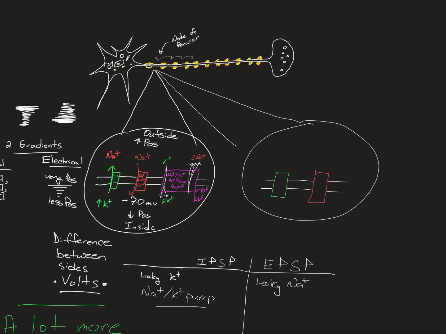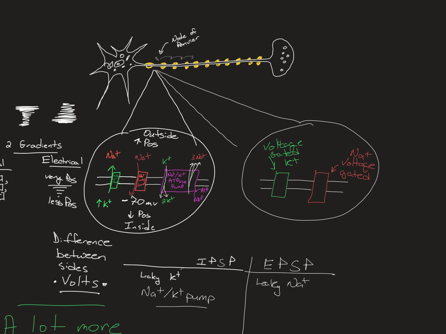Here you have the voltage gated sodium channel, and then here you have a voltage gated potassium channel. So this is going to let potassium out, the other is going to let sodium in. But when is it going to happen?